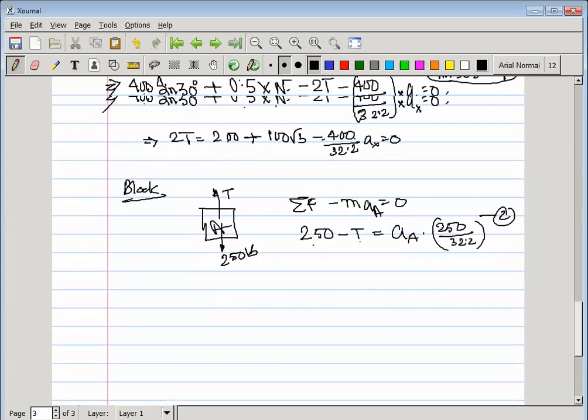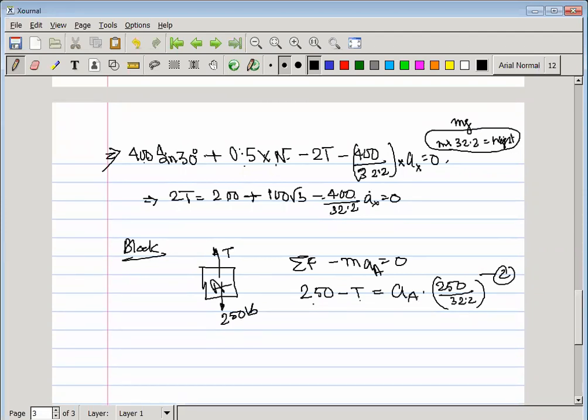So here we have to write, instead of AX, AB. Okay, and instead of AA, we can write 2AB. Means 250 minus T is equal to 2AB into 250 by 32.2.